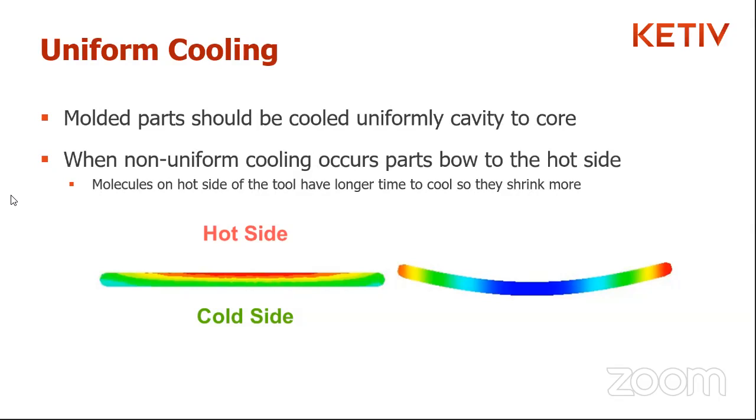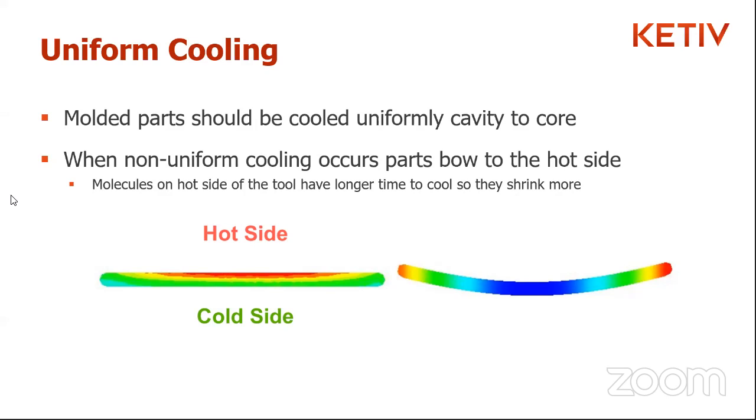Similarly, this is another one of those fairly self-explanatory principles. You want cooling for the entire molded part to be uniform, fairly uniform at least, right? And if you have non-uniform cooling, things tend to bend and warp in a way that tends to become unpredictable, right?